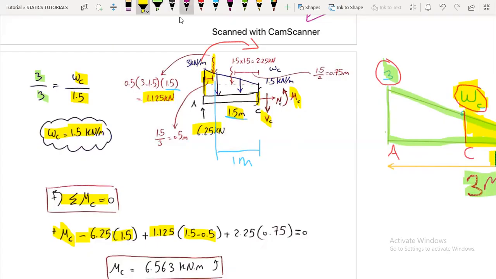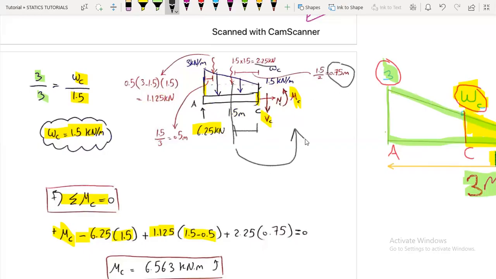It's acting counterclockwise, so it is positive. And regarding the final resultant, from the rectangular one, I have 2.25 multiplied by the distance, which is 1.5 over 2, which is 0.75. And it's rotating counterclockwise, so this is positive.